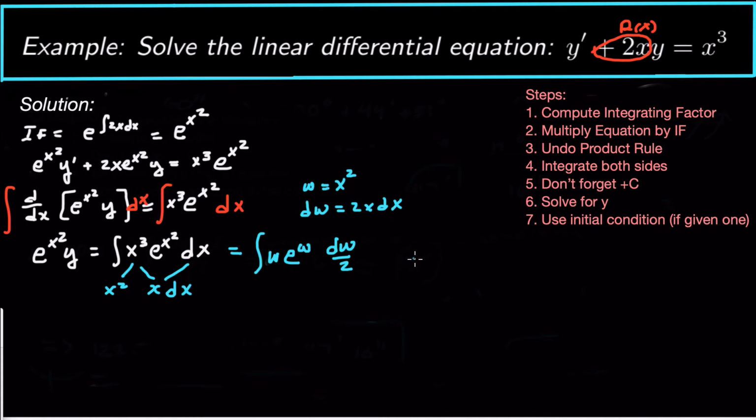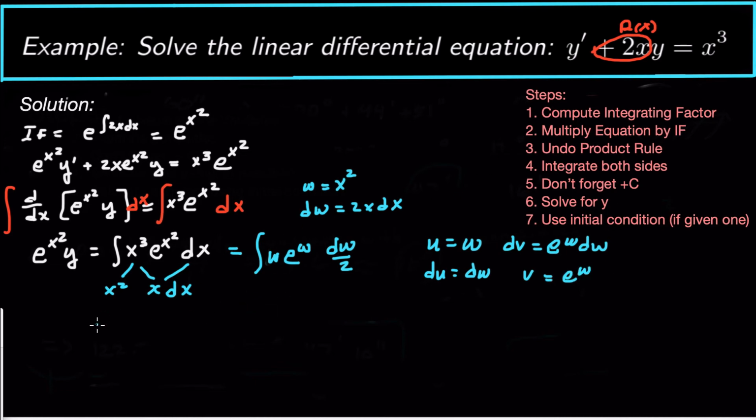And that requires integration by parts. So u equals w and dv equals e to the w dw. And then du is dw, v is e to the w.